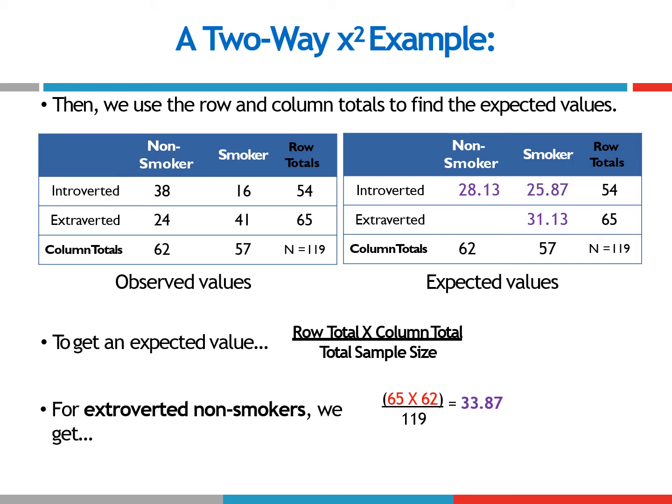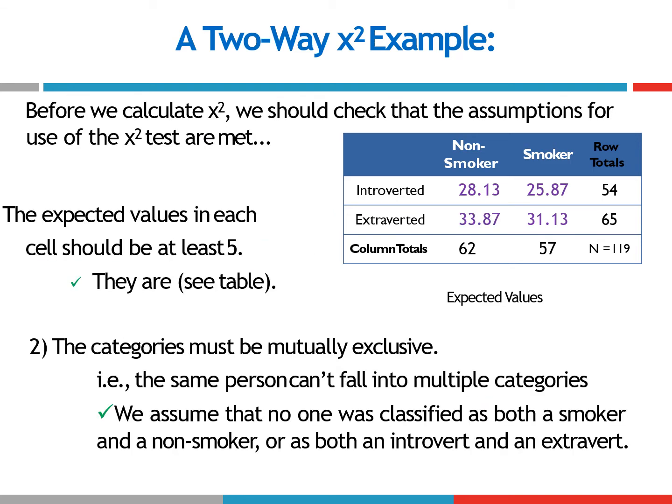And then for extroverted non-smokers, I would multiply my row total for extroverts, which is 65, times my column total for non-smokers, which is 62, and divide that by 119, and I would get 33.87. So now I've got all of my observed and expected values, and I can use them to calculate chi-square.